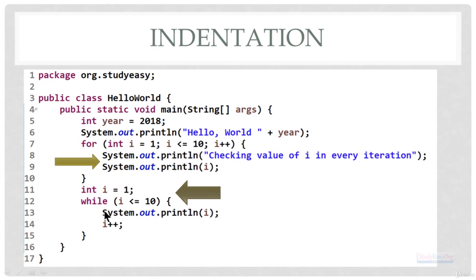Finally, in order to make the program more readable, line numbers 13 and 14 are shifted towards the right. So this shifting of code is done in order to make the program more readable, in order to specify the code block more clearly. As a result, indentation is a tool which makes your program more readable, and it is easy to maintain when we indent the program.